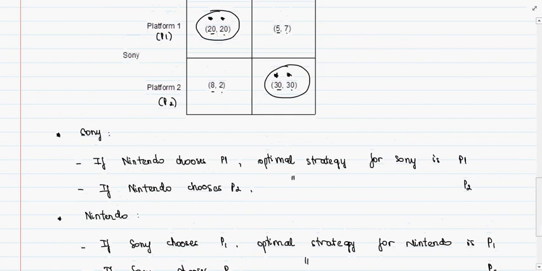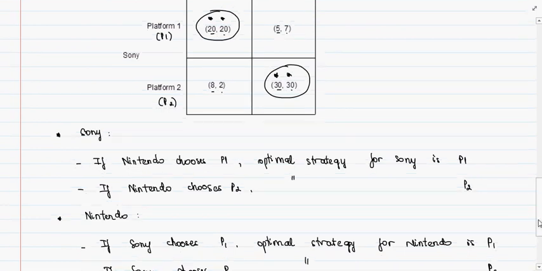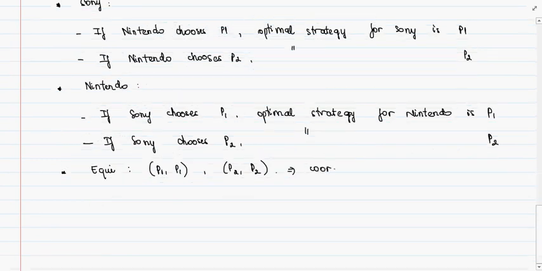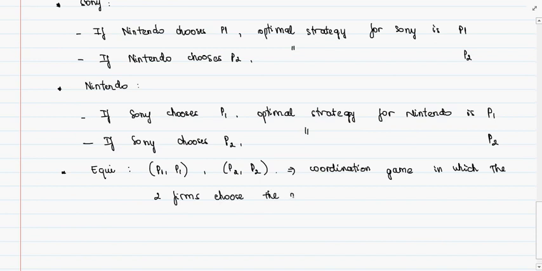If one chooses platform 2, the other is better off choosing platform 2 as well. This is called a coordination game, in which the two firms choose the same thing.